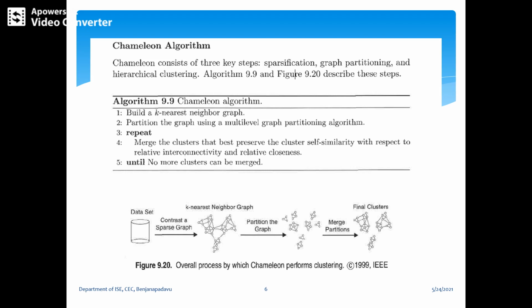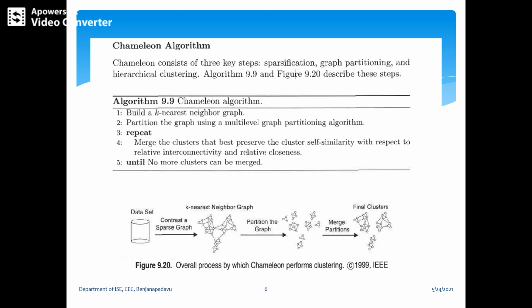Another point here is graph partitioning. Once the sparsified graph has been obtained, an efficient multi-level graph partitioning algorithm such as METIS can be used to partition the data.